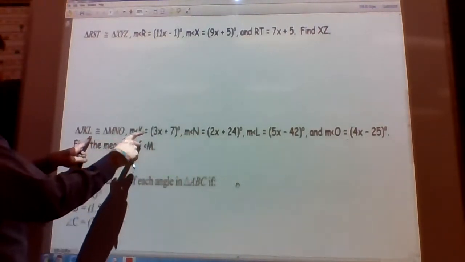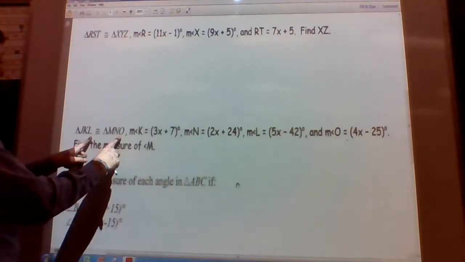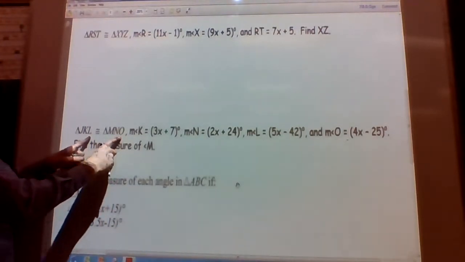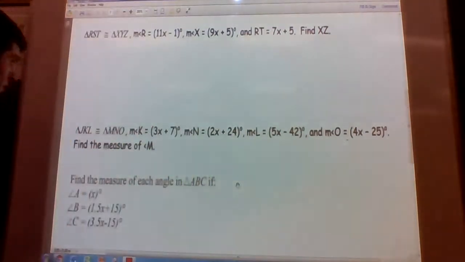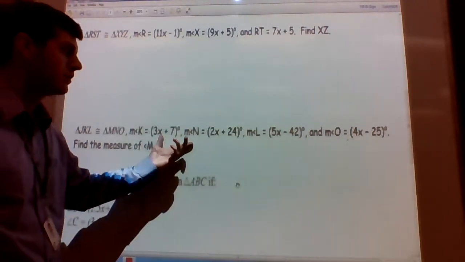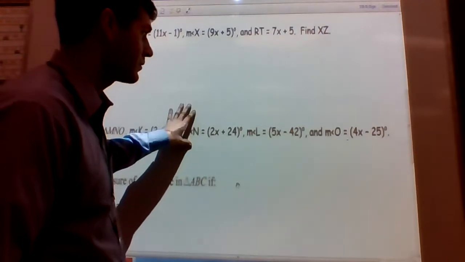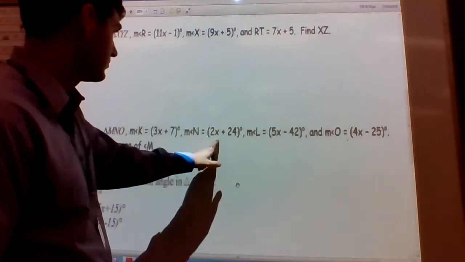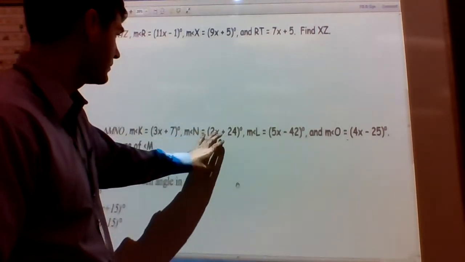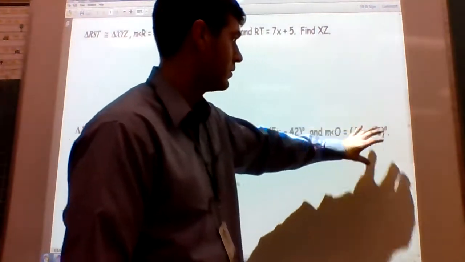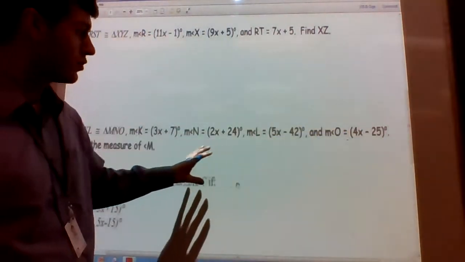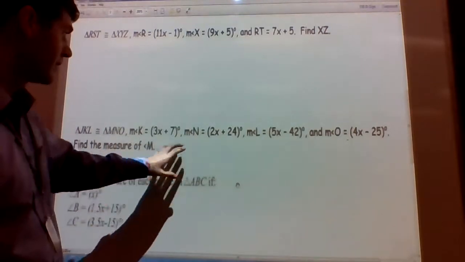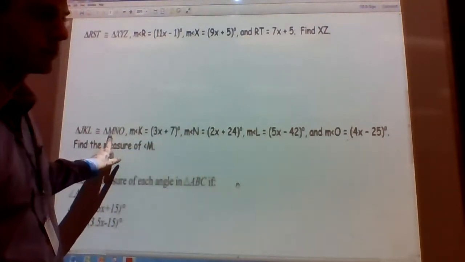We also know the measure of angle L and the measure of angle O are going to be equal because angle L is going to be congruent to angle O. Okay, it wants us to find the measure of angle M. So we've got to find x, and then we can find N. Once we find x, we can find the measure of angle N and the measure of angle O. Then we're going to have two angles of that triangle, N and O. Then we can add those up and subtract them from 180 to get the measure of angle M.